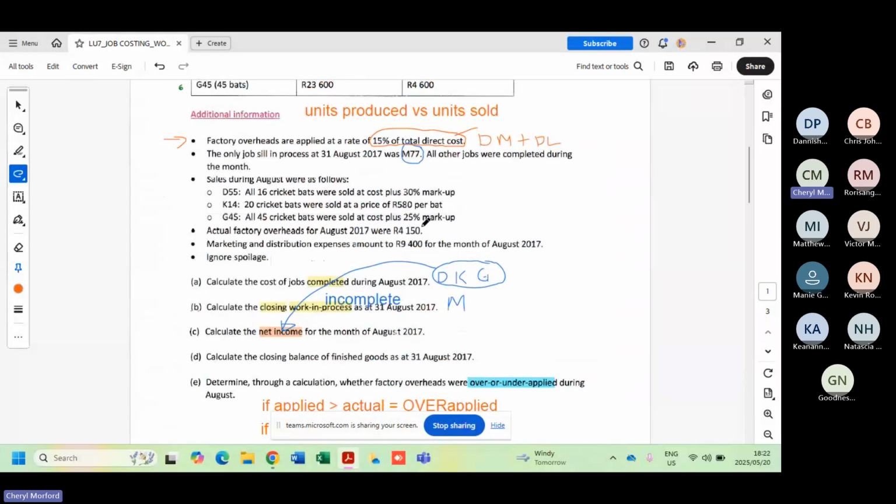So it did tell us over here, and I typed it in, it's M. So do we treat it any differently? No, of course not. We're going to find the cost by doing the same things. Opening work in process, if there is, plus DM, plus DL, plus applied factory overheads.